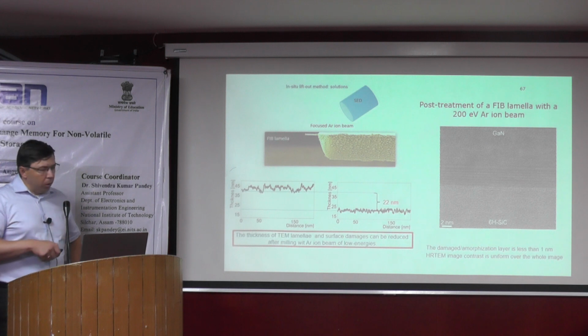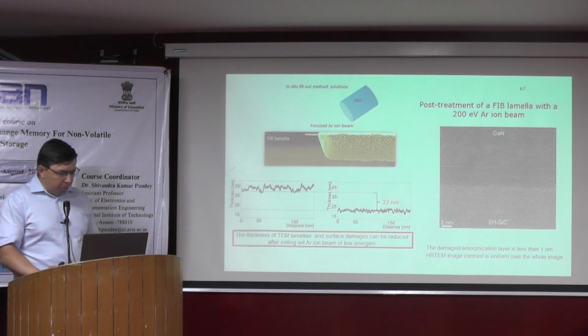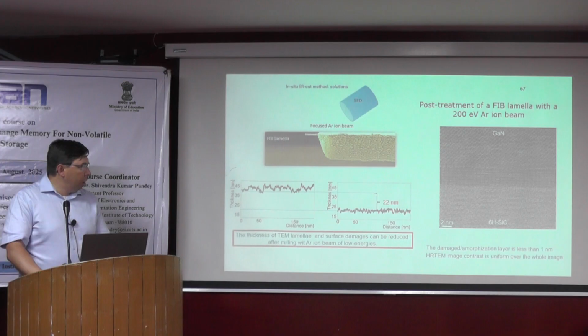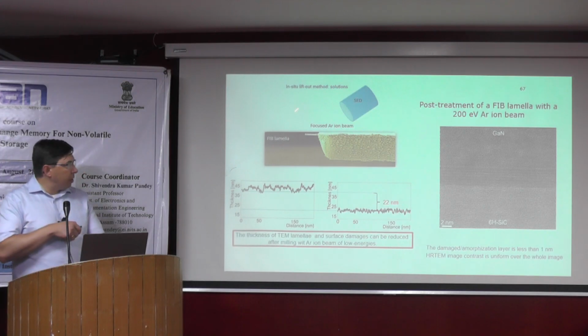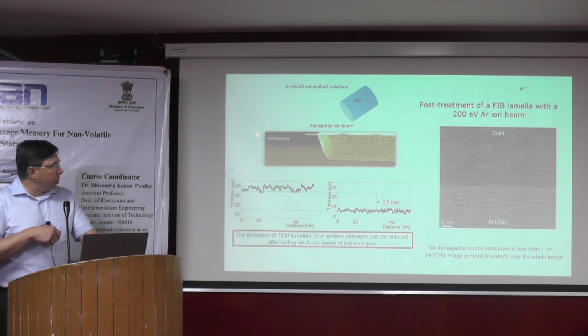So the low energy ion beam milling is very helpful for specimen preparation. But for that you need an additional system. They have a focused argon ion beam and also a secondary electron detector. They can see your lamella and then they can focus your argon ion beam onto the lamella.